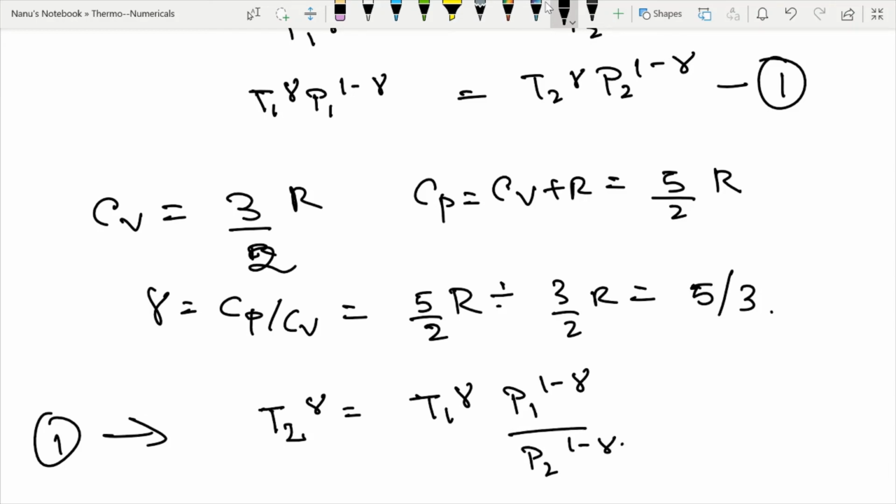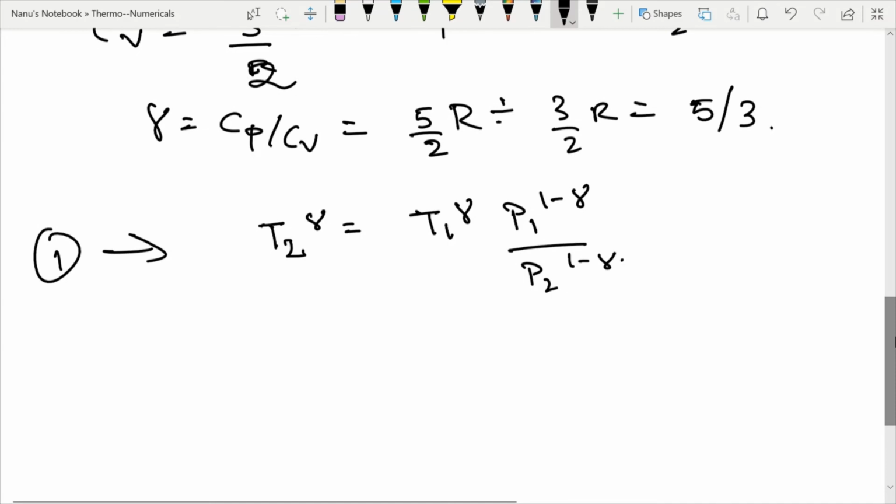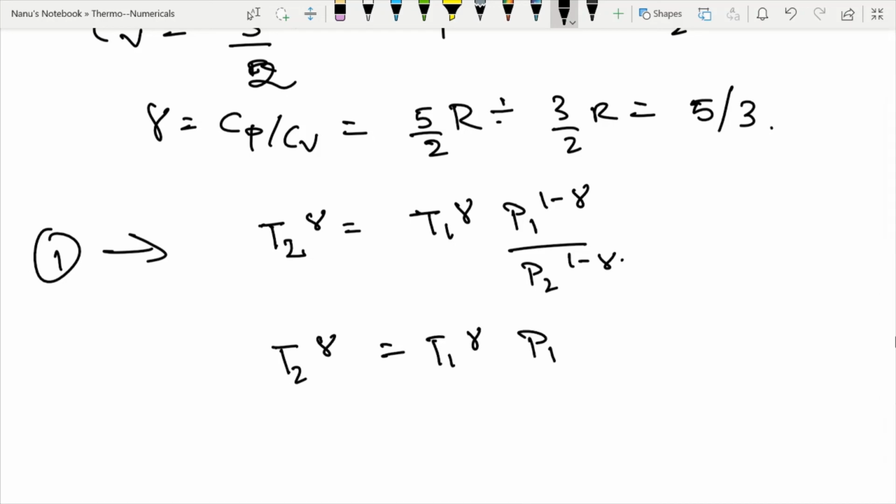Now for P1 and P2 we can club them together and write 1 minus gamma. So T2 to the power gamma equals T1 to the power gamma and P1 by P2, this will be to the power 1 minus gamma.